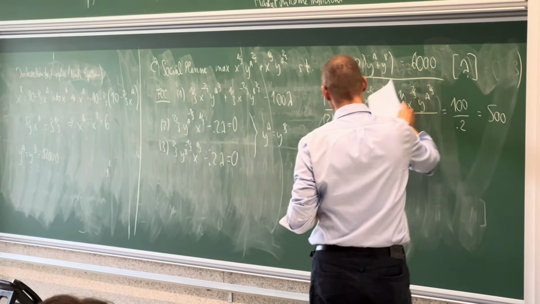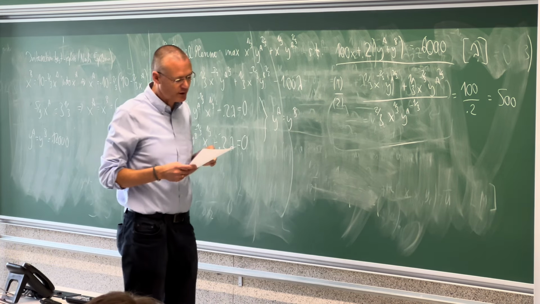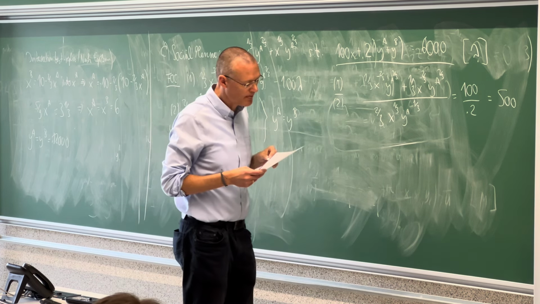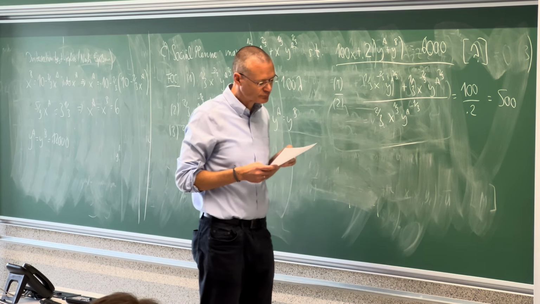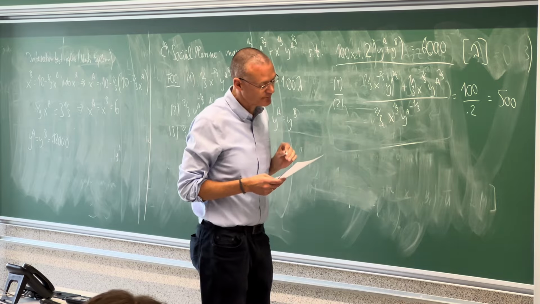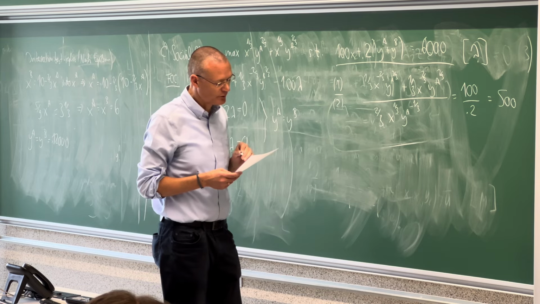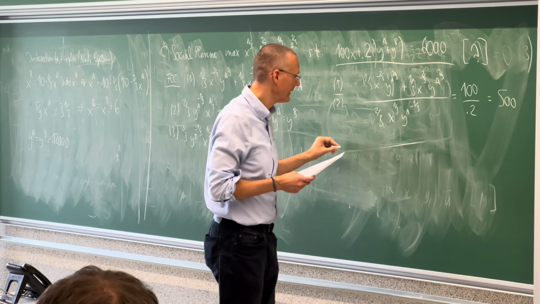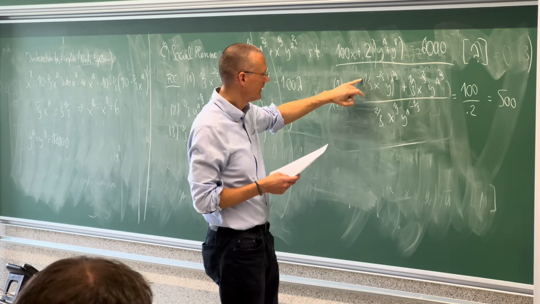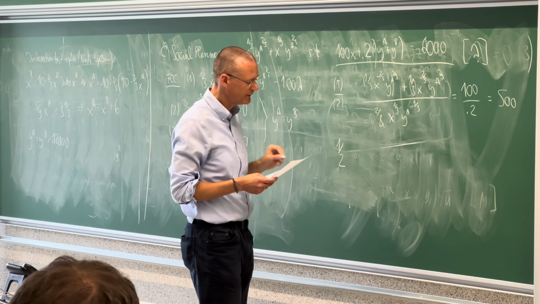And here the A's cancel out. No, sorry, they don't cancel out completely. But we get 1/2, because here we get this 1/3 divided by 2/3, so it becomes a 1/2.